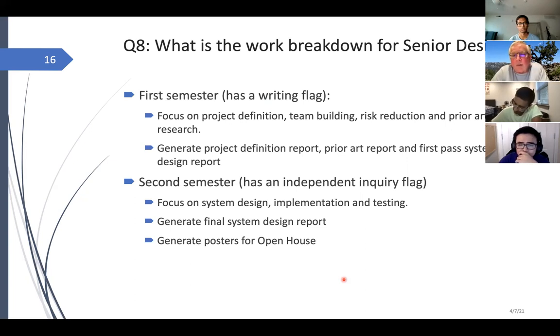So you're going to have to do some research, and that just means that you're going to go out and look at patents and other companies or whatever it takes to figure out, hey, what am I working on, and has somebody else already done it. Part of that requires you to generate a report: a project definition report, a prior art report, and basically the first pass of your system design report.